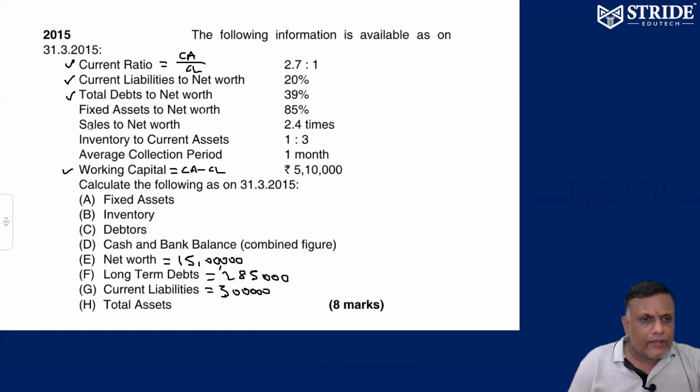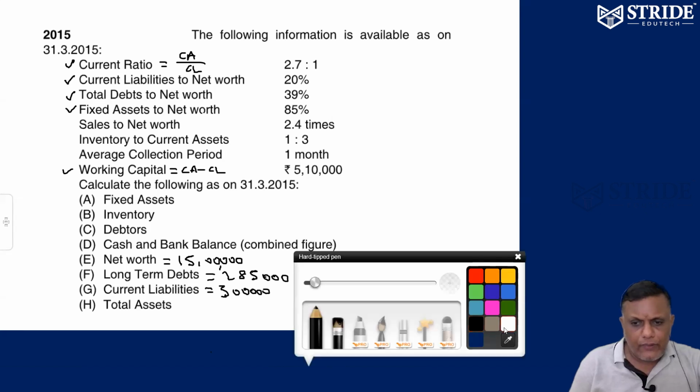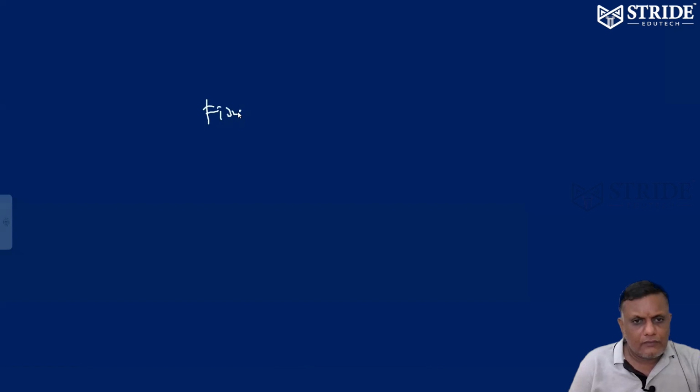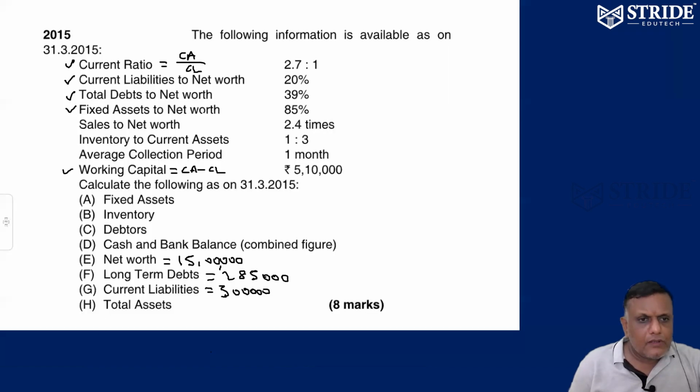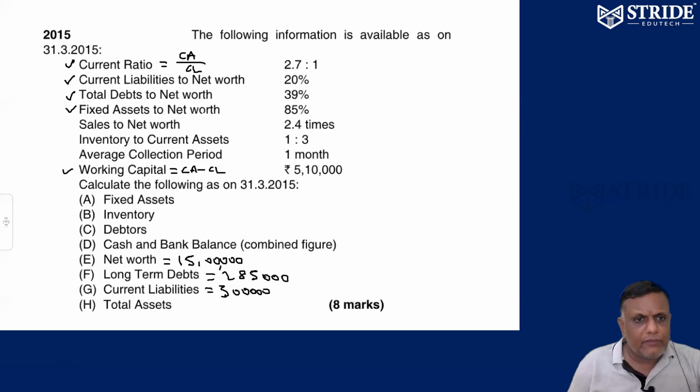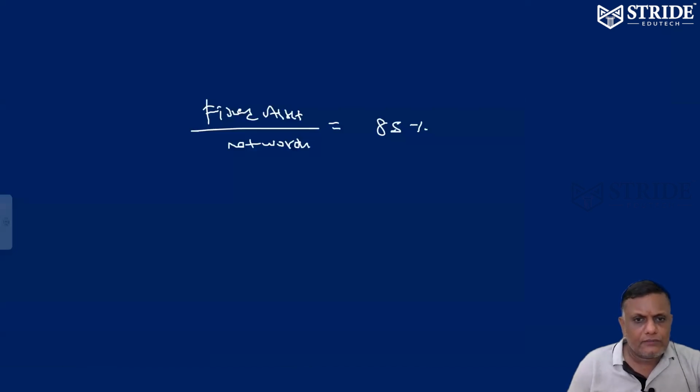Next one. Can I go with fixed asset? Fixed asset by net worth is 85%. Please go with the fixed asset by net worth, that is equal to 85%.